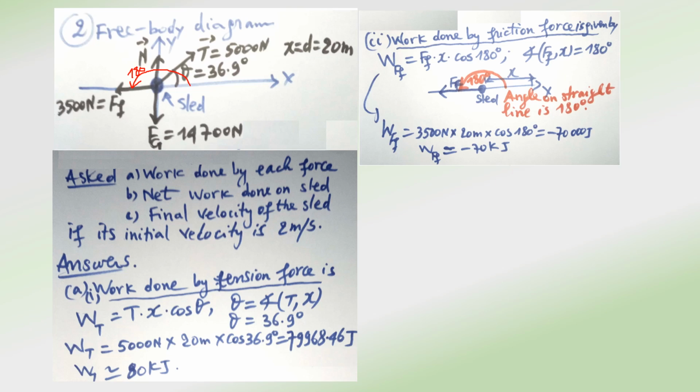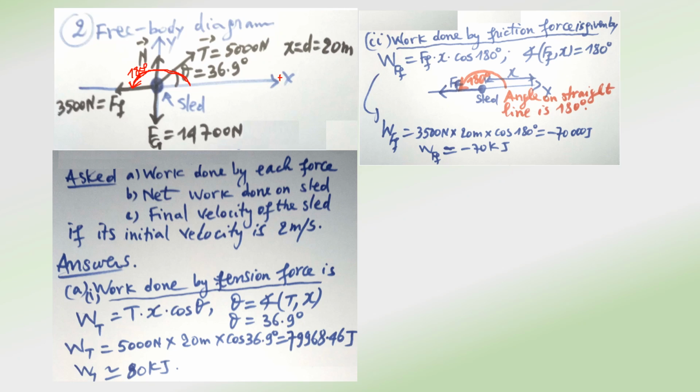Then on the right side of the sled we have the positive x. On the left-hand side of the sled we have the negative x direction, which is where the force of friction is oriented. Then the positive direction is towards the positive x. Then the direction from positive x to where the friction force is oriented is an angle along a straight line, which is 180 degrees.